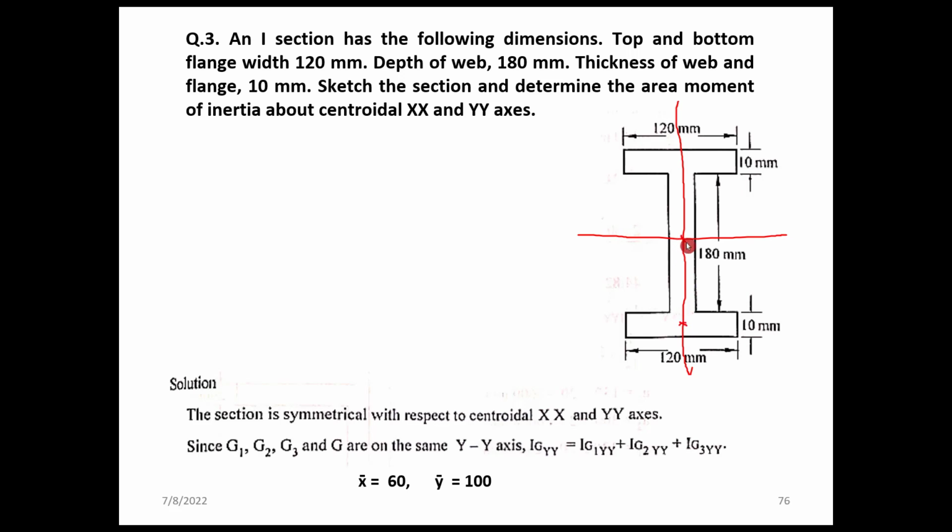Then for this web portion it will be passing through this point, and for this flange it will be at the exact middle. So all these G1, G2, G3 are passing through the same y axis, and this is actually y. So IGYY is equal to IG1 YY plus IG2 YY plus IG3 YY.